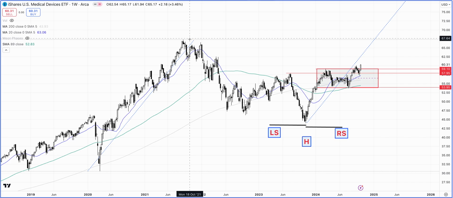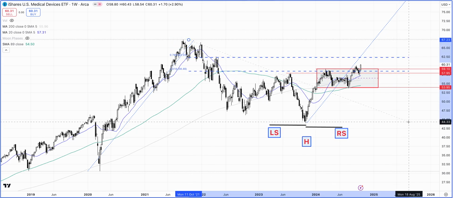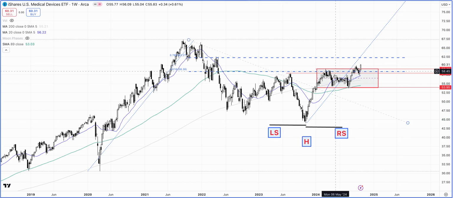If we were to just draw a retracement and look at some of the potential resistance there, it has cleared this 61.8% retracement. Next level we could look at is 62.30, and then I think after that it's going for the highs of around 67. So the medical devices sector is doing pretty nicely.